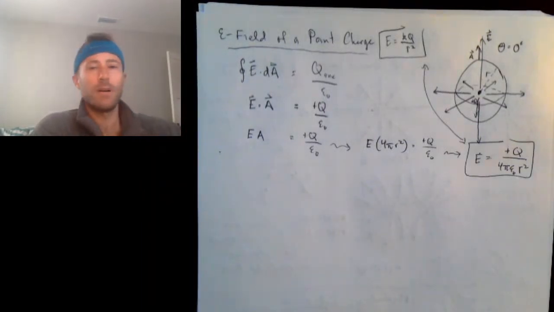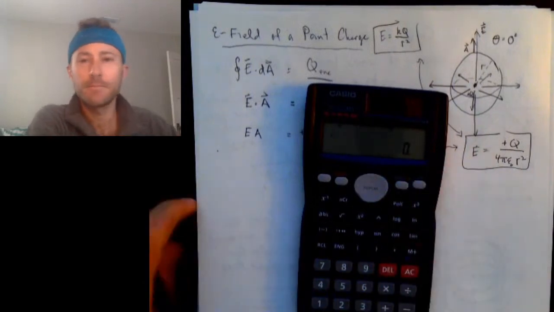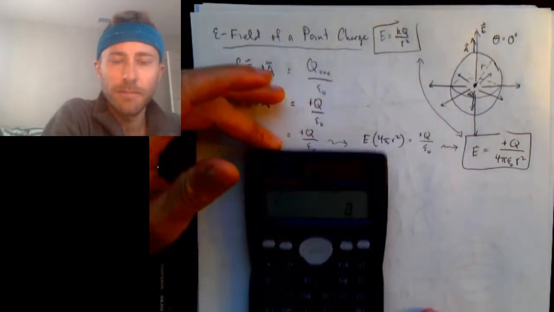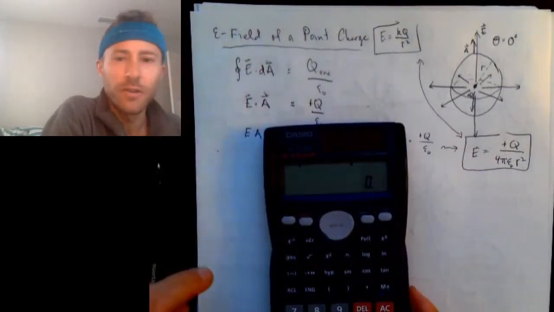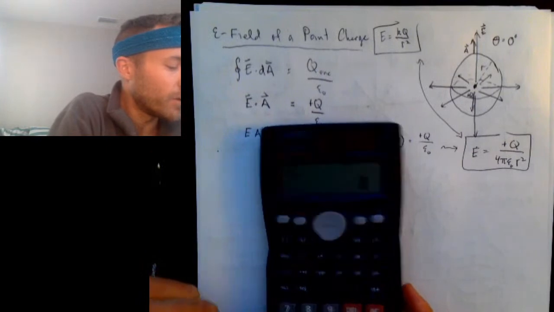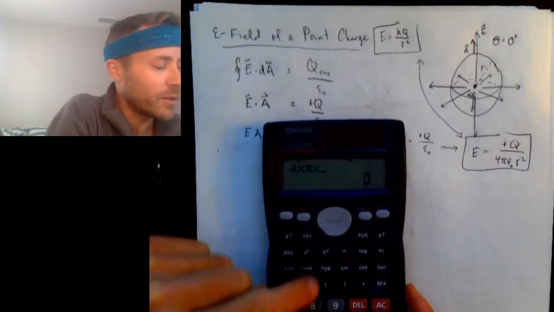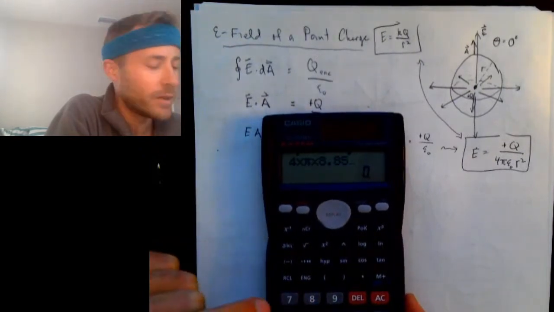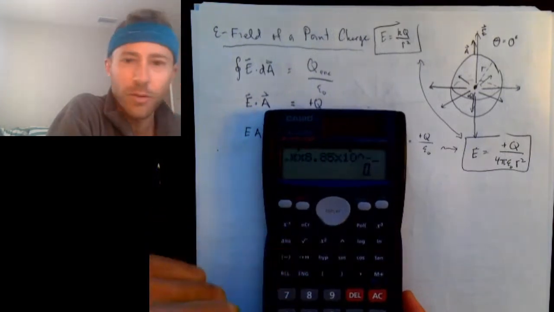So let's try that. This isn't showing, so I'm going to hold it like this. 4 times pi times epsilon naught. Epsilon naught was 8.85 times 10 to the minus 12.